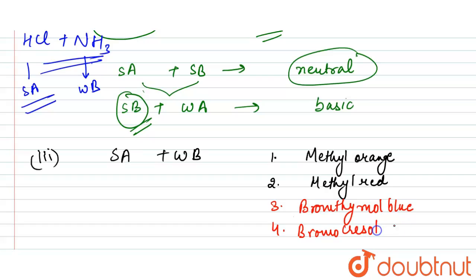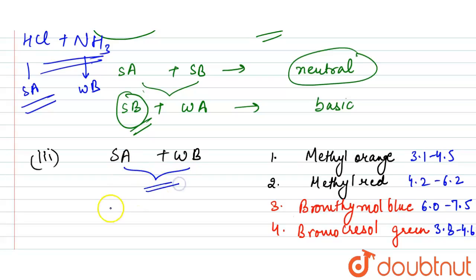Their pH ranges are 3.1 to 4.5, 4.2 to 6.2, 6.0 to 7.5, and 3.8 to 4.6. For strong acid weak base titration, mainly the range is from 3 to 7 or 8, so that's why these indicators can be used.